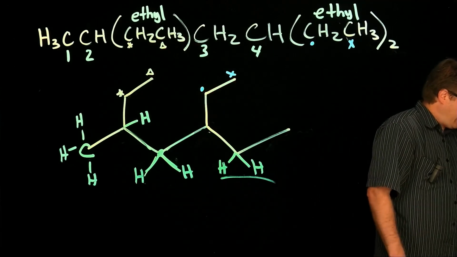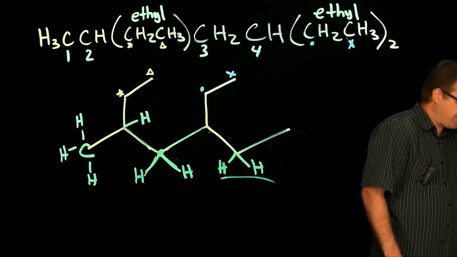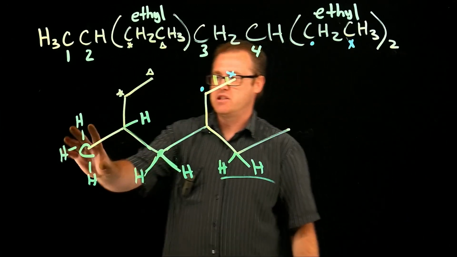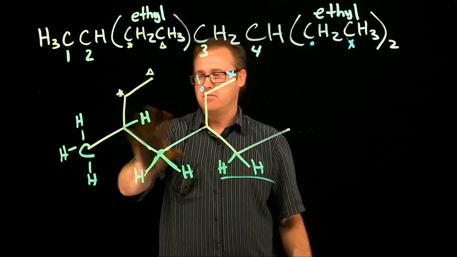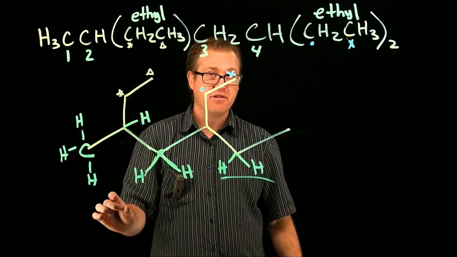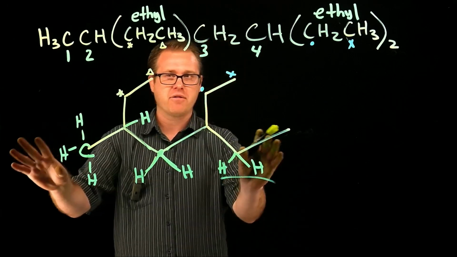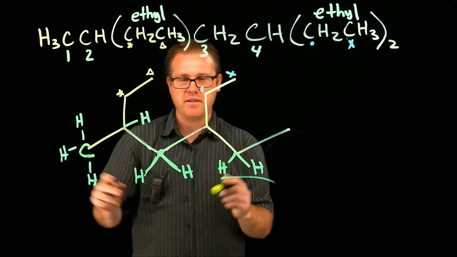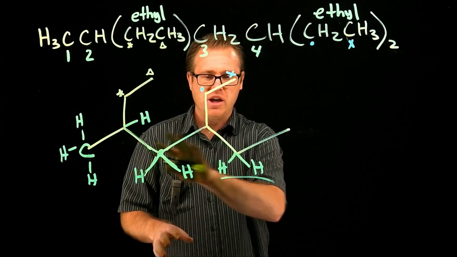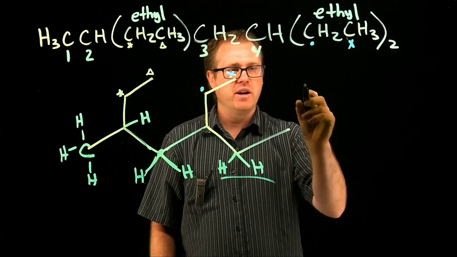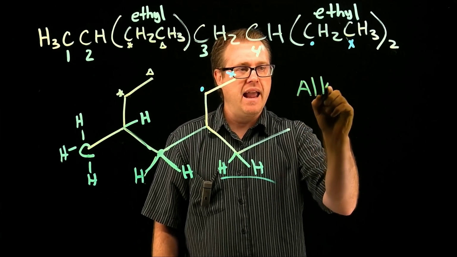Now, when you have a molecule that is just carbon and just hydrogens, do you see that there are no heteroatoms, no oxygen, sulfur, or anything like that? When you have just carbon and hydrogen, we call that an alkane.